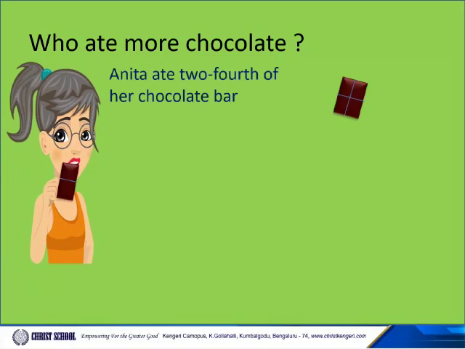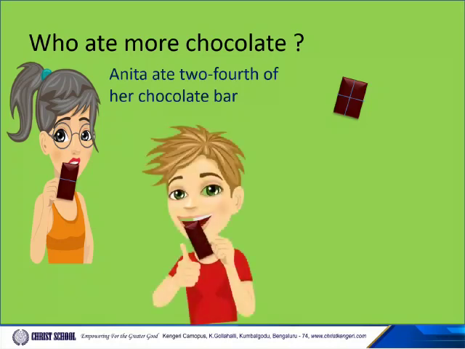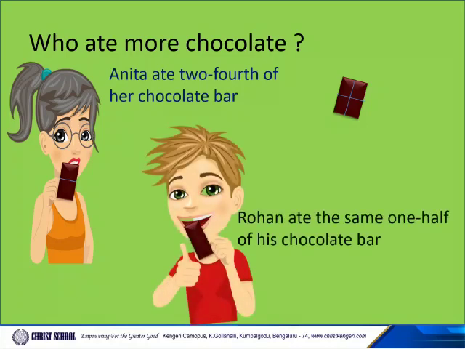Anita ate 2/4 of her chocolate bar. That means among 4 pieces, she had 2 pieces. Rohan ate 1/2 of his chocolate bar.